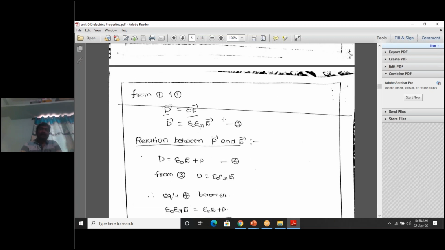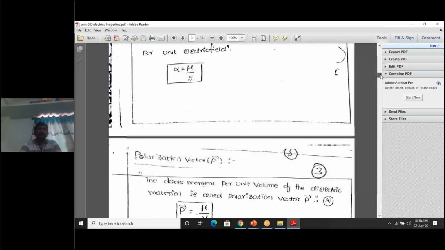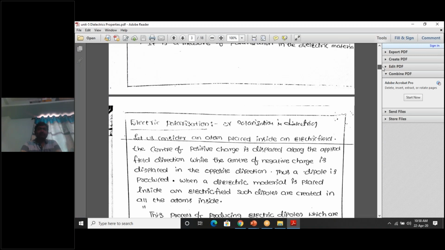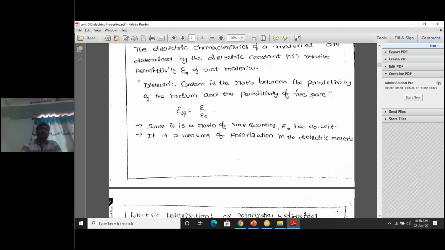And already we know we can write epsilon as epsilon naught into epsilon r. How can we write that? You just go back. You have one definition: epsilon r, the dielectric constant or relative permittivity, can be defined as epsilon by epsilon naught.